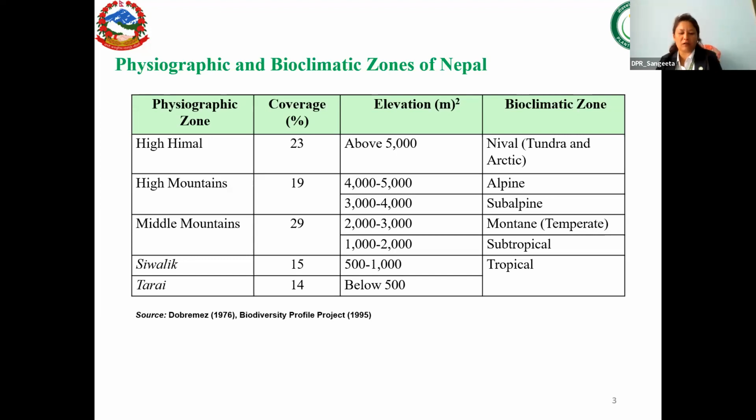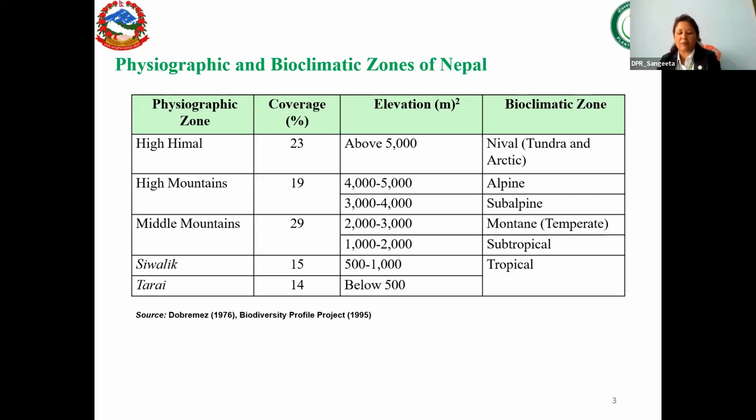Now, the middle mountain covers 29%, and the elevation is further divided into two types: 2,000 to 3,000 meter elevation, which is known as temperate zone, and 1,000 to 2,000 meter elevation, known as subtropical zone.